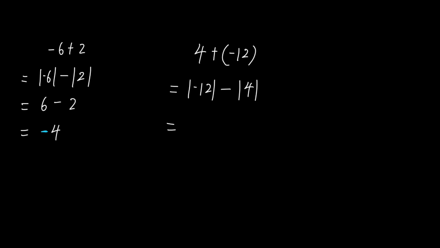The absolute value of negative 12 is positive 12, minus 4. And 12 minus 4 is 8. Then we consider the sign, because 12 is larger than 4, but 12 is negative here. We have to consider this negative sign, so we put the negative sign at the end.